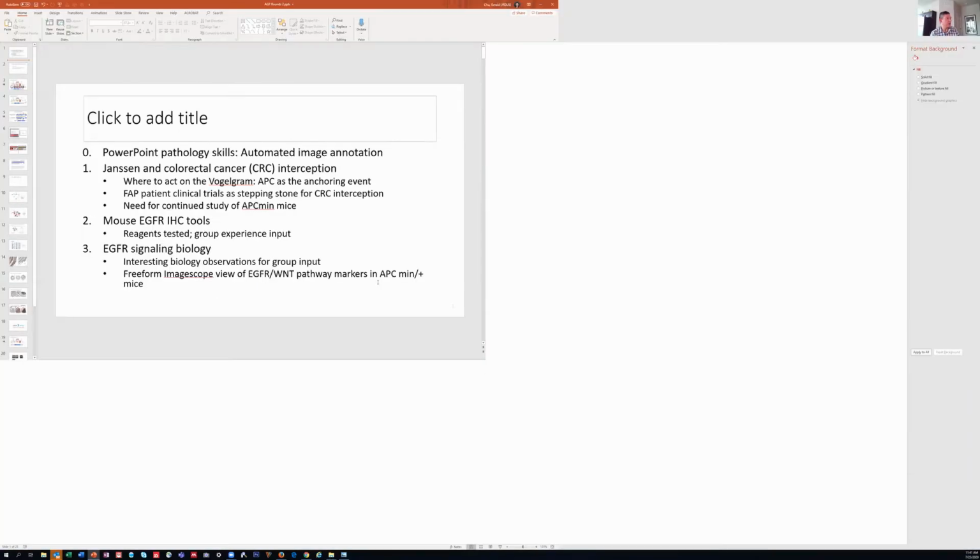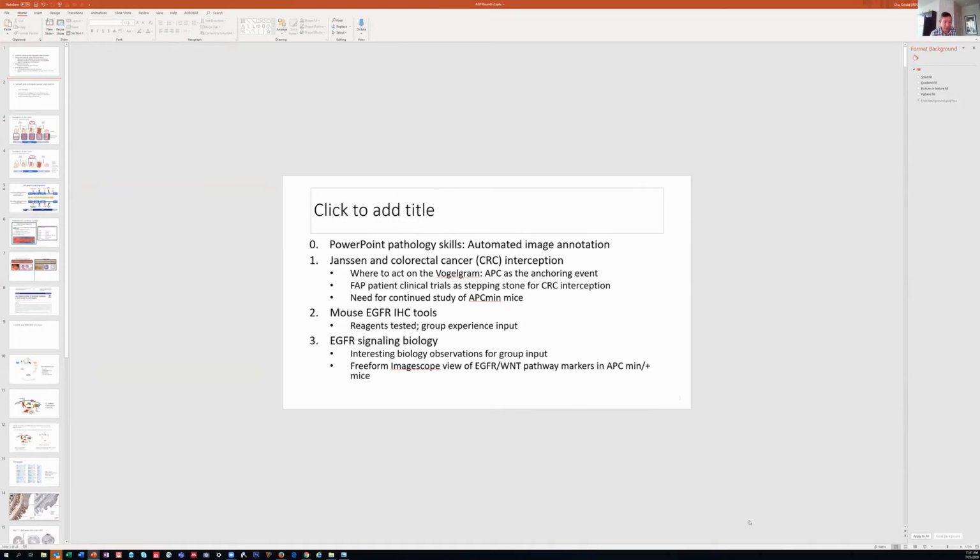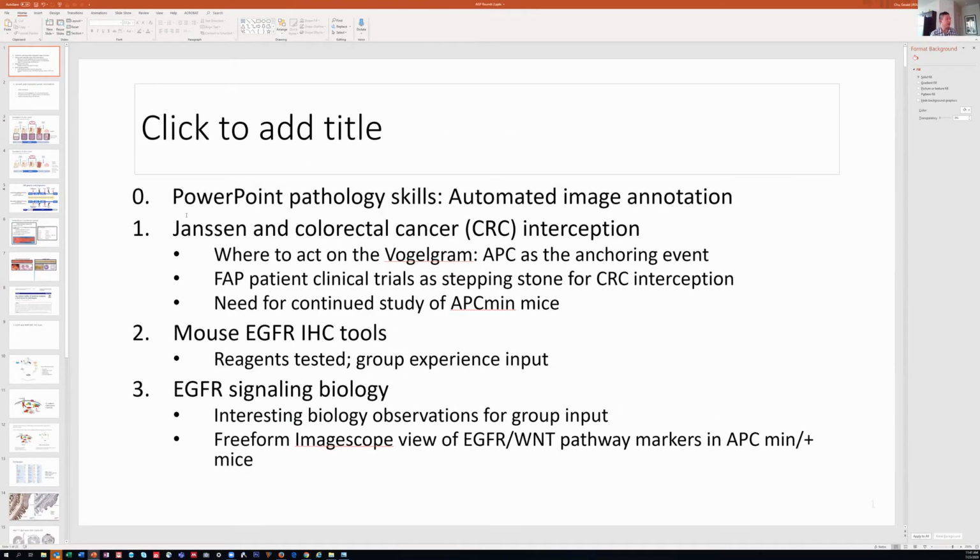I wanted to tell a narrative, and in particular, this boils down to further characterization of APC min mice. As I understand, the APC min mouse turns 30 this year. The initial descriptions by Bill Dove were in 1990. I think I first encountered them in taking the JAX CRC course in like 2004, maybe.